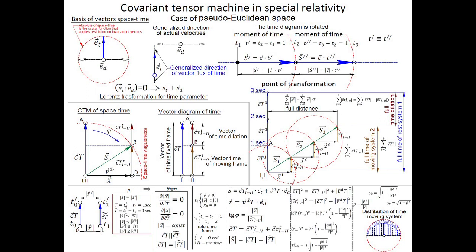After the expiration of the moment of time big T and big T wave, the time distance is equal to CT.